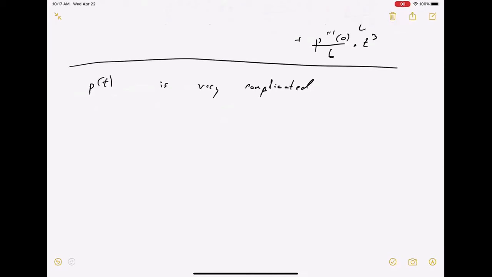Well, we could simplify it by approximating it with a Taylor polynomial. We say maybe the equation is very complicated, but we approximate it with this Taylor polynomial, and now we can deal with it in our calculations.